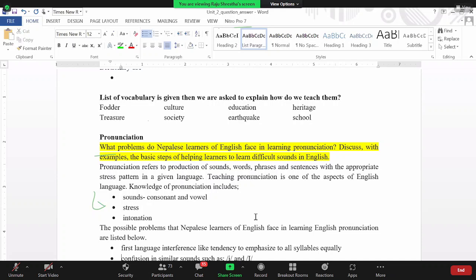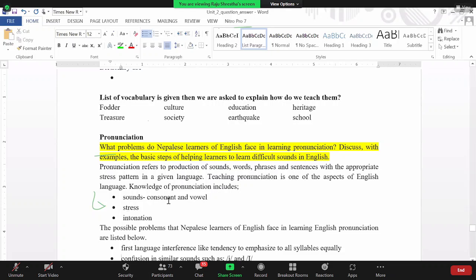Stress time language ma syllables huncha, कुनै syllable stress हुन्छ, कुनै unstress हुन्छ. Stress unstress भन्दाखेरि there will be going up and down. This kind of quality we see in English. But in Nepali, all syllables get equal emphasis. सबैले बराबर, त्यही भएर यो समतलकै सबै एकदमै एक रूपले जान्छ नेपालीको, तर इंग्लिशको चाहिँ तलमाथि हुन्छ when producing.